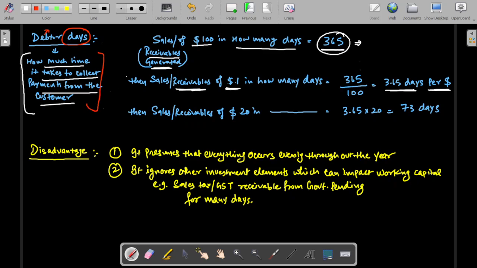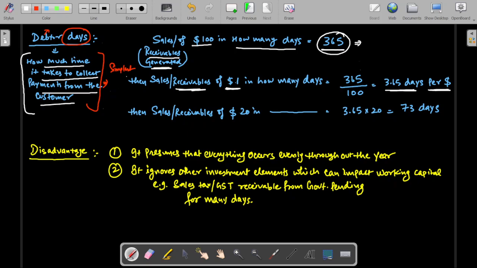That is the simplest way to define it. Debtor days are also called debtor collection period or debtor holding period. It has different names; we will simply call it debtor days in our example.